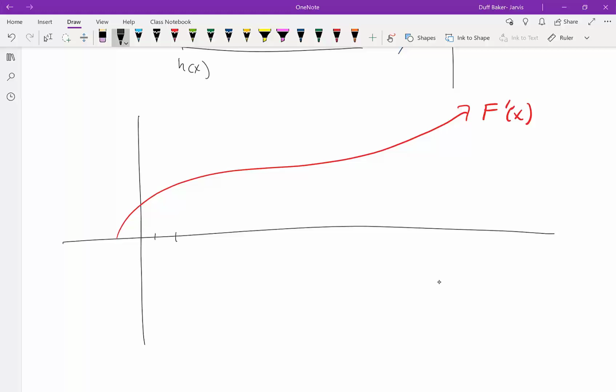you chop your x-axis into little bits, and then on each bit, you approximate the function by a constant, right? So we don't actually need to draw the rectangles.